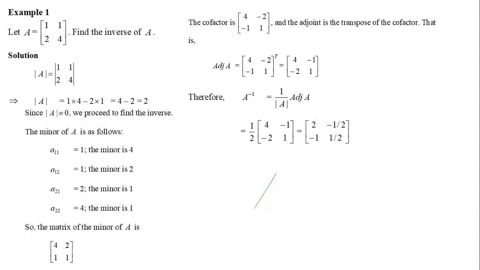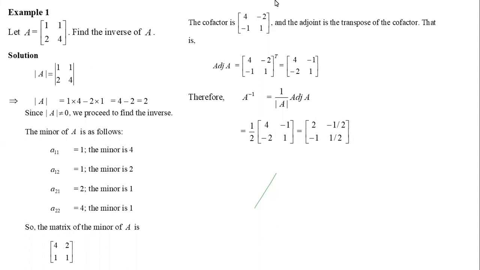Now, let's go to the 3 by 3 question. Sir, please, how did you get the 1/2? 1 over 2 comes from my determinant. Do you see that the determinant is 2? Yes.